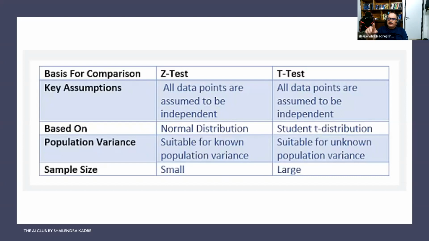The Z test and T test we'll cover in great detail in our last lecture, so I'm skipping this PPT right now. The Z test is dependent on the normal distribution, and the T test is dependent on the T distribution. What are the tests, how to use them, and what are the practical problems for that, we'll discuss in our last lecture.